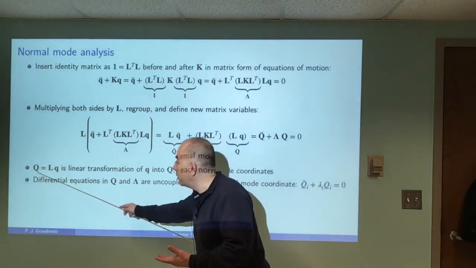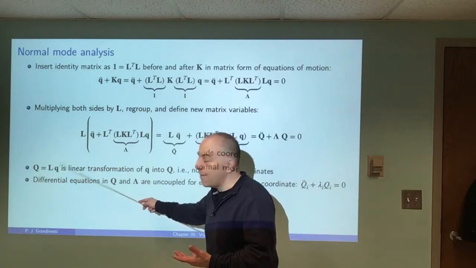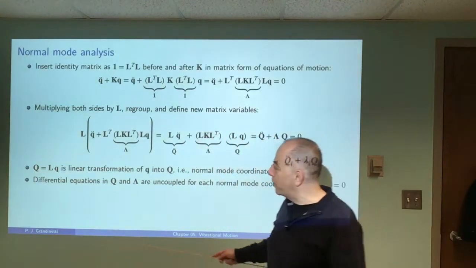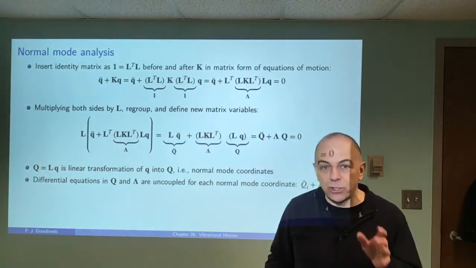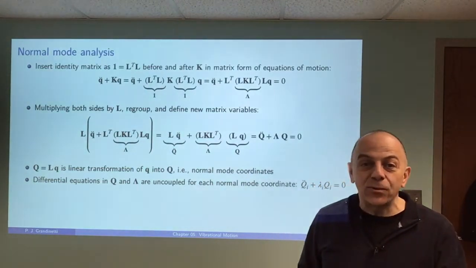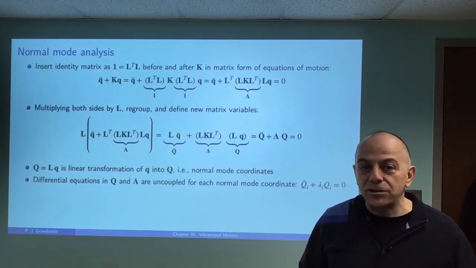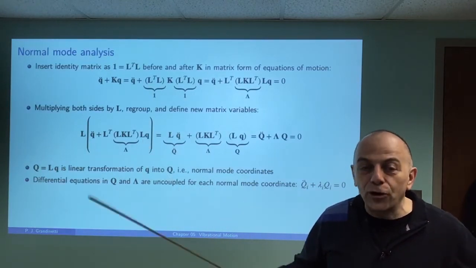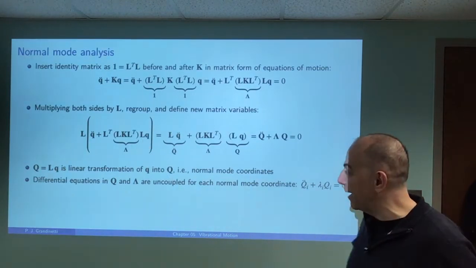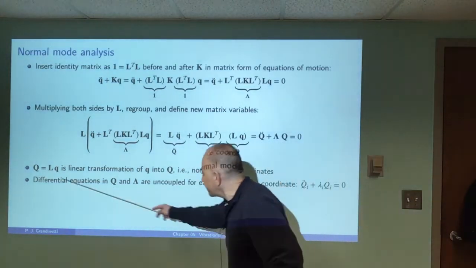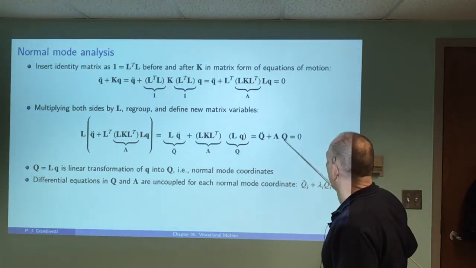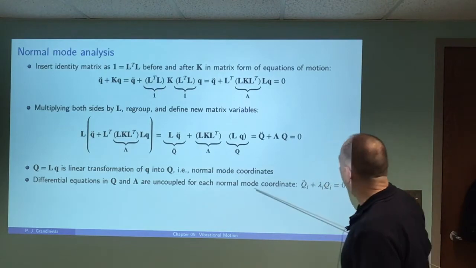So the normal coordinates are linear combinations of the mass-weighted coordinates. And the transformation between the normal coordinates and the mass-weighted coordinates is the matrix of eigenvectors that transforms the K matrix into its diagonal form. So these Q's then are the normal coordinates, and they are uncoupled.